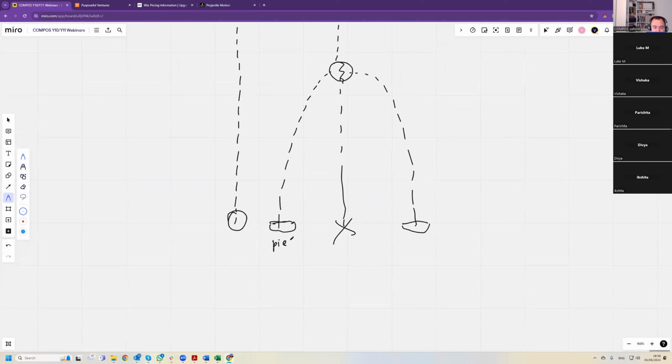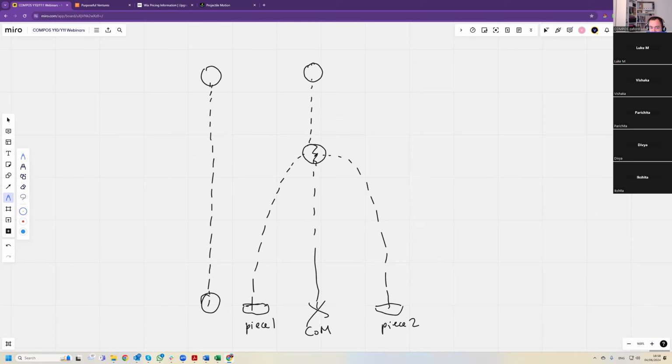Piece one, piece two, center of mass. So basically, if you drop a ball and it explodes halfway, if you can find the first piece, you will immediately know where the second piece is. All you need to do is just weigh it, and you will find exactly where the second piece is.